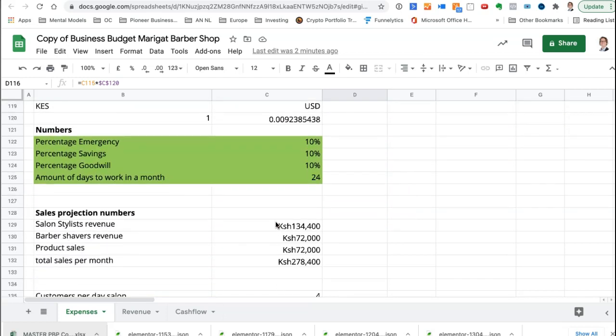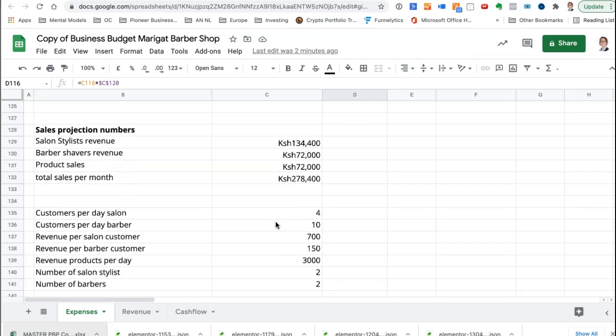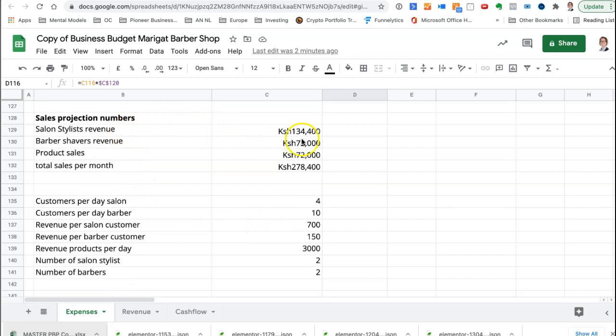Okay, so here we've made a sales projection, like revenue of one stylist at the shop, one barber, and product sales. So we have different streams of income: stylist for women, shave and haircut for men, and product sales. We made some calculations based on this shop.